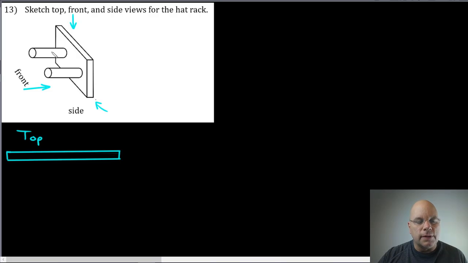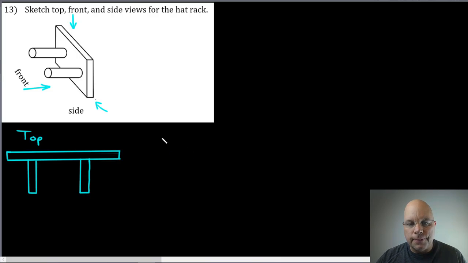And then these two pegs that are coming out of the hat rack that you hang your hat on, from the top view as you're looking down, would just look like rectangles. No part of that circular face would be showing. You just see a vertical line here.